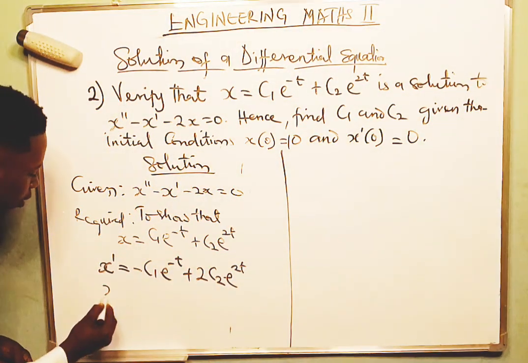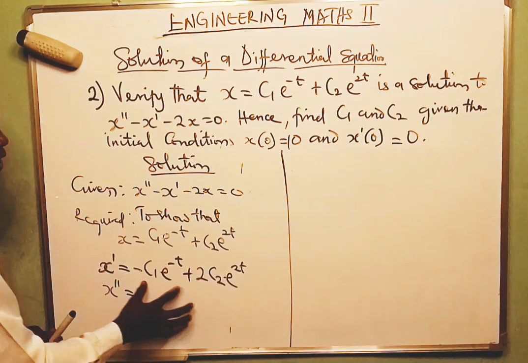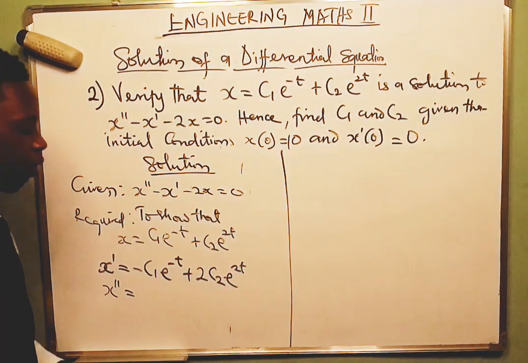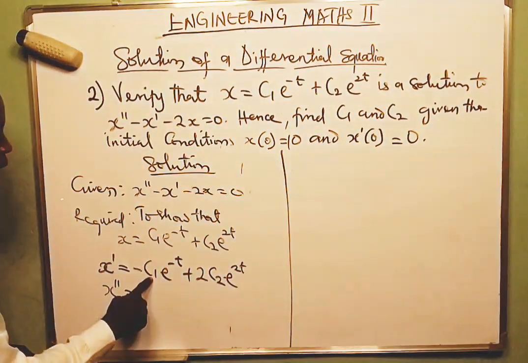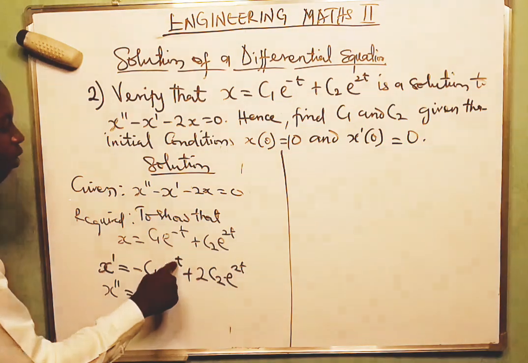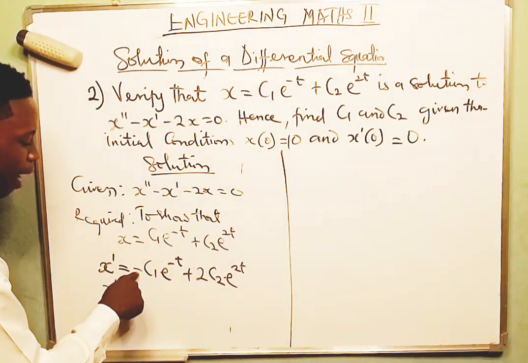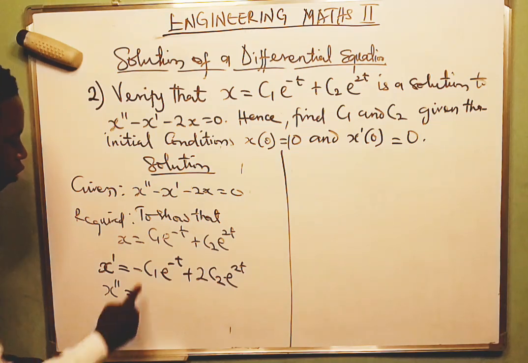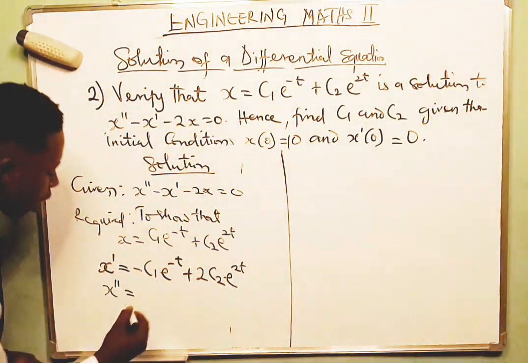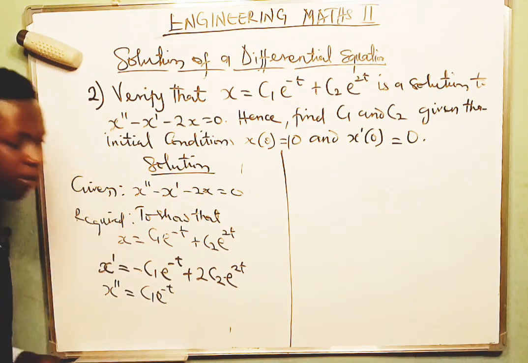Now, this is for the first derivative. Now, the second derivative, which will be the last one from what we are given here. We are going to differentiate what we got from our first derivative. We have minus c1 exponential minus t. If you differentiate exponential minus t, you're going to have minus 1. Now, minus 1 times minus gives you plus. Therefore, this minus will cancel, and multiplying everything here, it comes back to c1 exponential minus t.